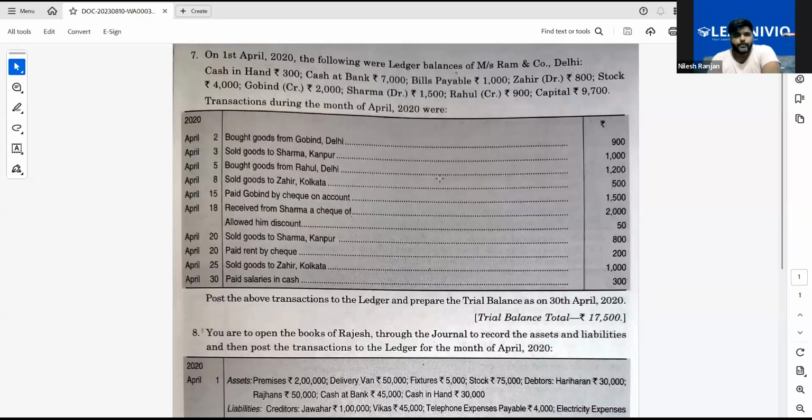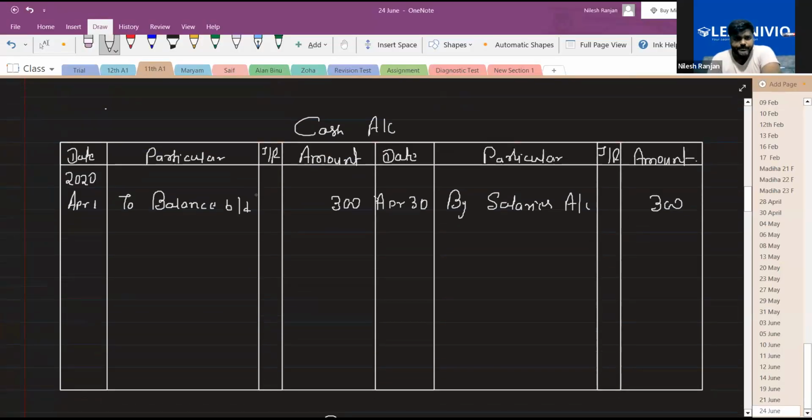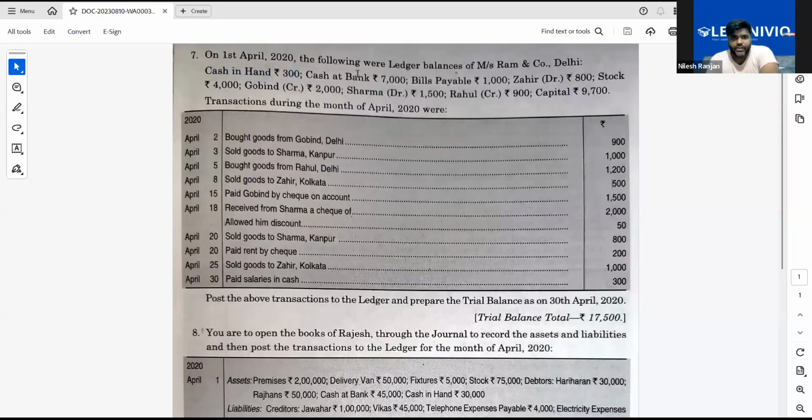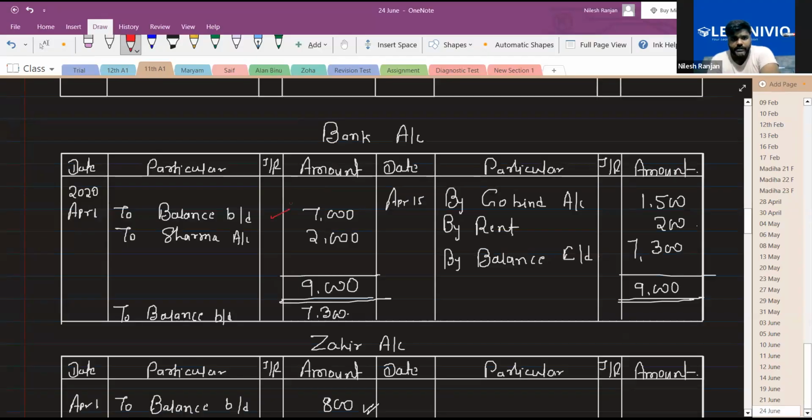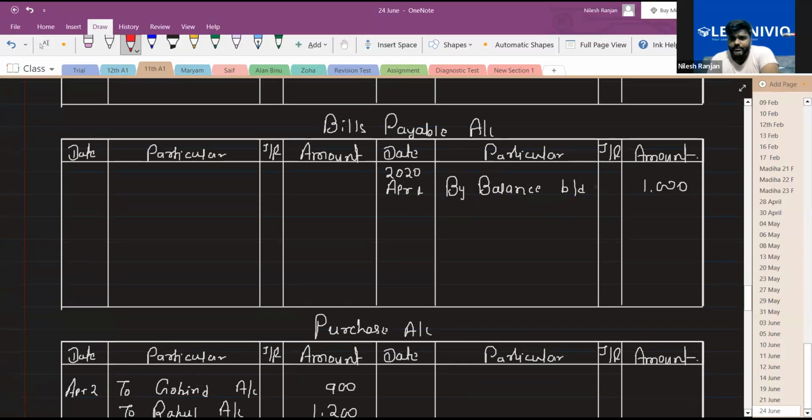Yes. So cash in hand 300 here. It will go in cash account. Then cash at bank 7,000. It will go in bank account 7,000. Then bills payable 1,000. It will go in bills payable account credit side, by balance b/d.